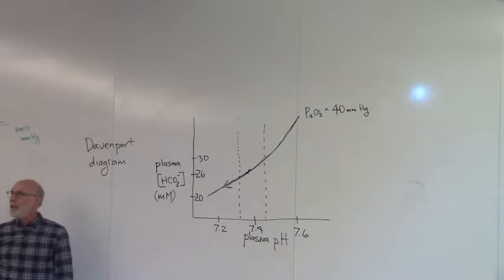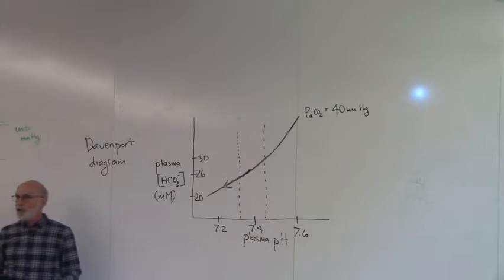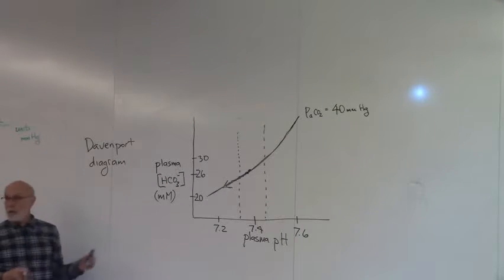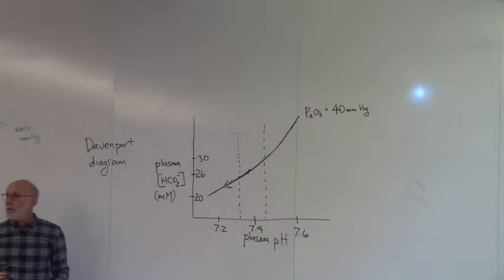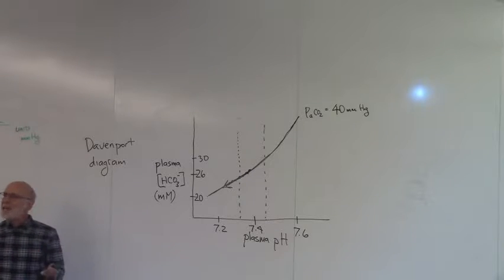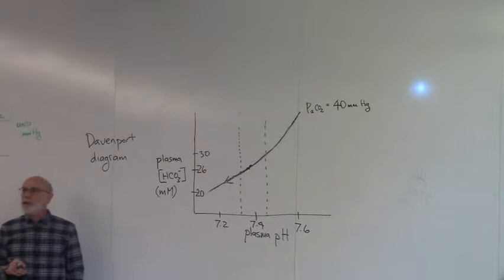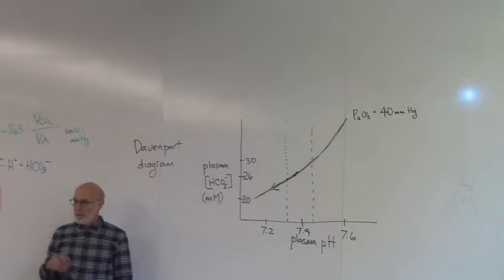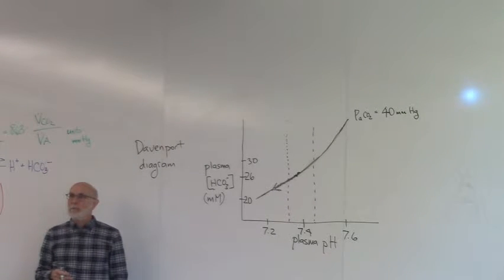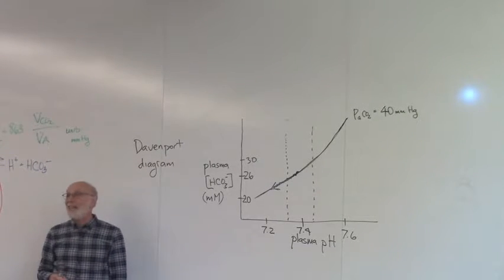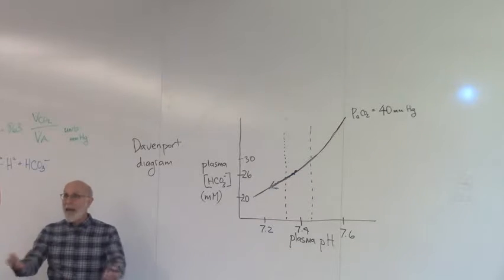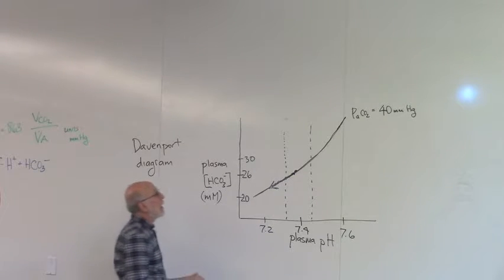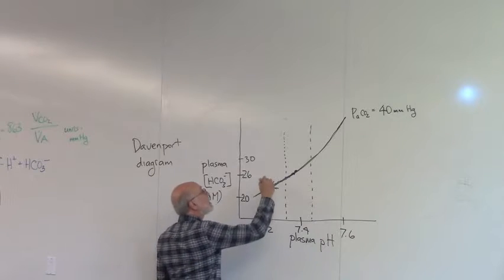That would be an acidification that was not due to any change in respiration. We're still on the PCO2 curve of 40, but we have added acid to our system. And the example I think someone came up with on Tuesday, or last week, was exercise, producing lactic acid, adding acid to the body.